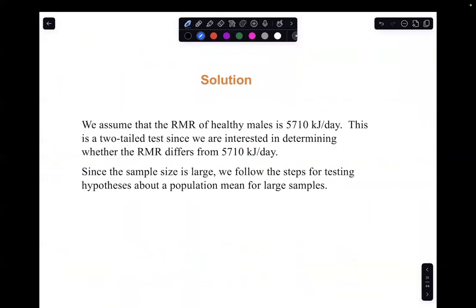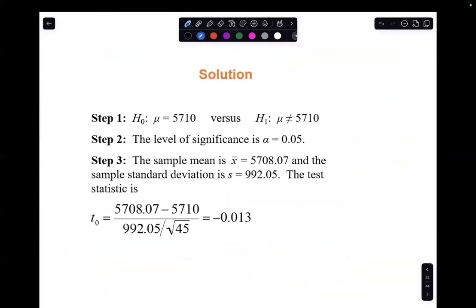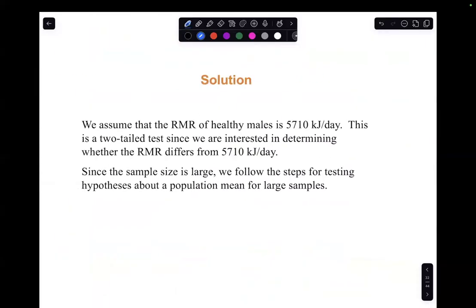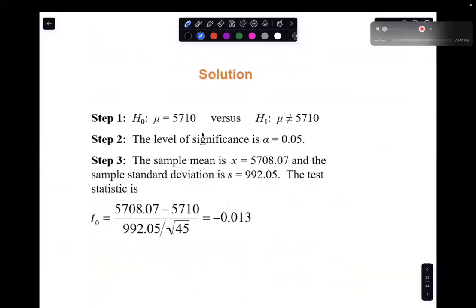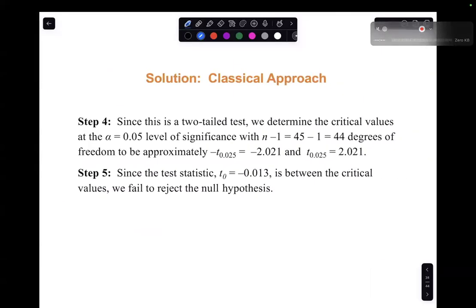Okay. Obviously, this is all going to be right here. So did they do it? Did they test these things? Sample size is large. It doesn't say the rest of the stuff, but we're going to call it good. This shows my level of significance, my sample mean, my standard deviation. It shows my test statistic, which is the same thing that we got.